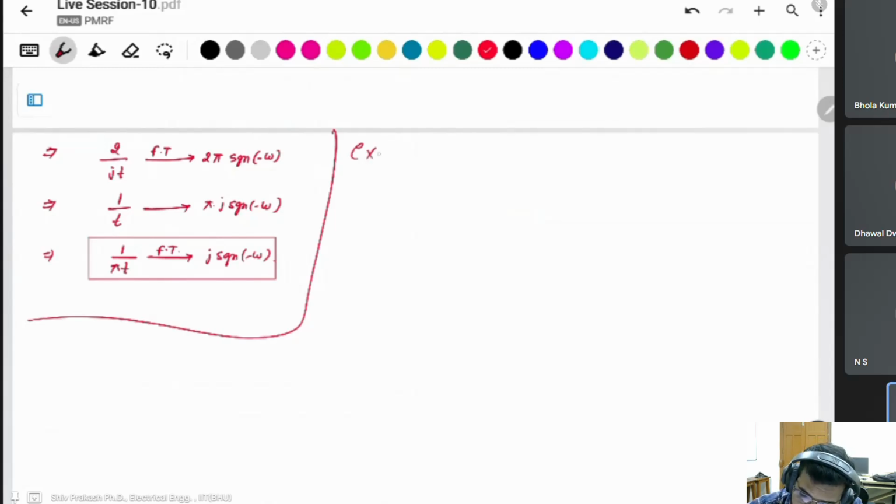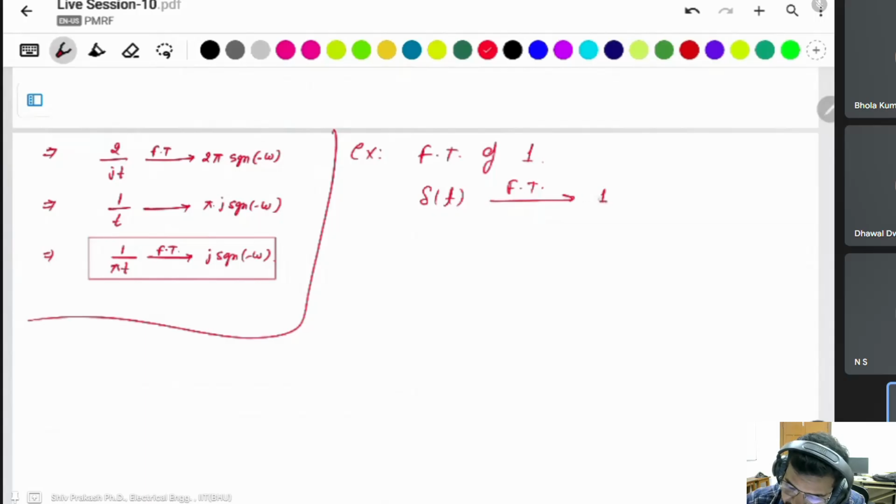Next example: find the Fourier transform of 1. How can you find the Fourier transform of 1? You know the Fourier transform of δ(t) is equal to 1.